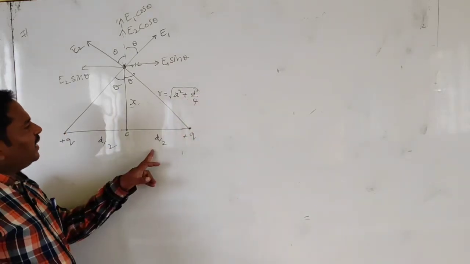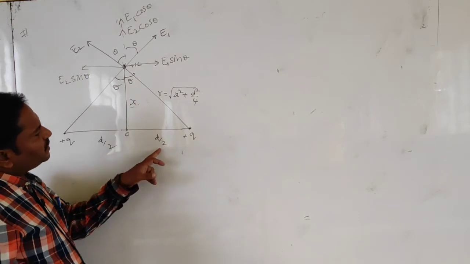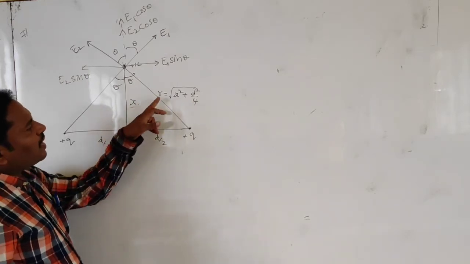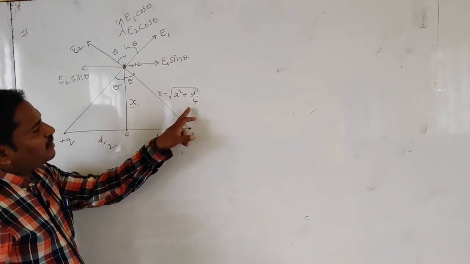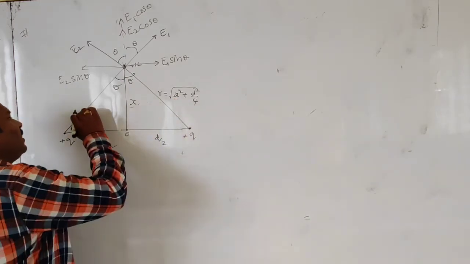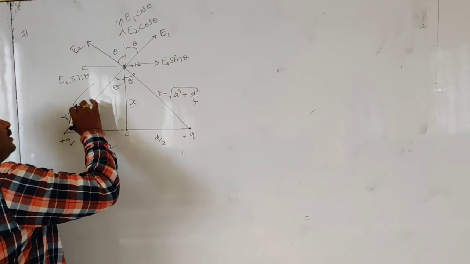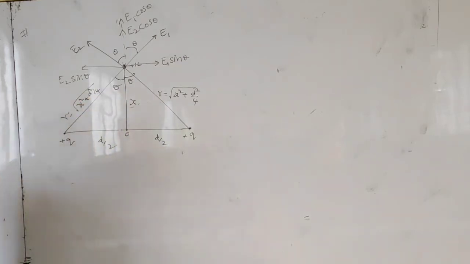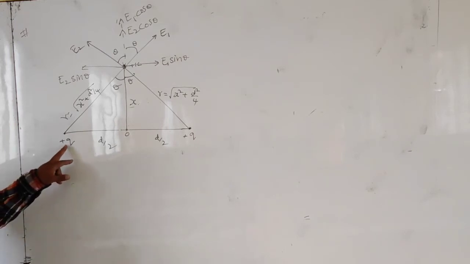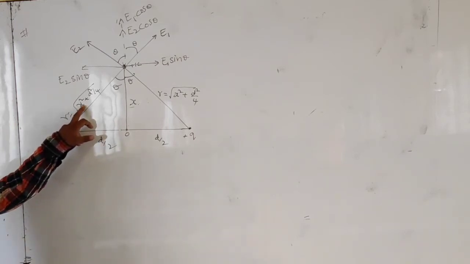This is the adjacent side, this is theta, this is the opposite side, and the hypotenuse is equal to root over adjacent square plus opposite square. This is the formula. Here also r is equal to root over x square plus d square by 4. Now what is the intensity of electric field due to Q at this distance?